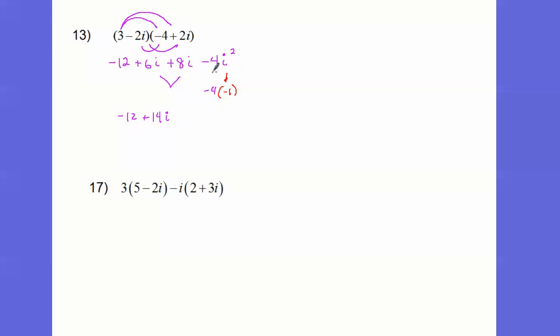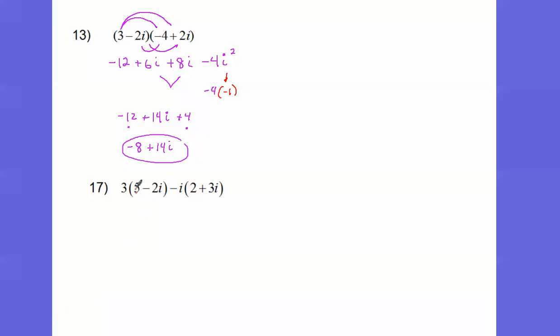And then negative 4 times negative 1 will give me a positive 4. I then have two more like terms to combine. Negative 12 added to 4, I will get negative 8 plus 14i. This is complete.